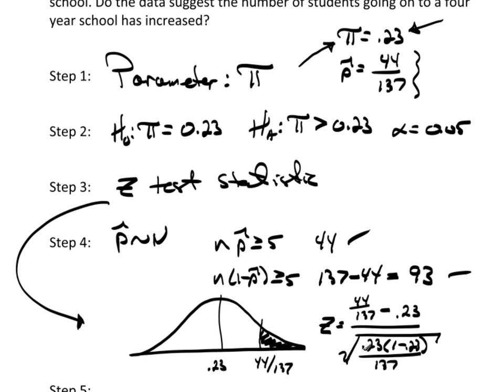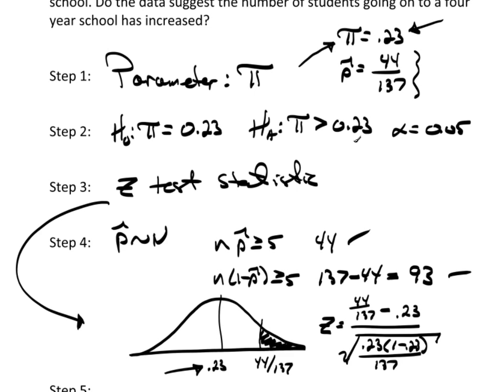And this z-score is the number of standard deviations above the mean. This is the actual test statistic. We could calculate this just like we would normally calculate, to simply find the probability of being greater than or equal to 44 over 137, given that pi is supposedly 0.23.